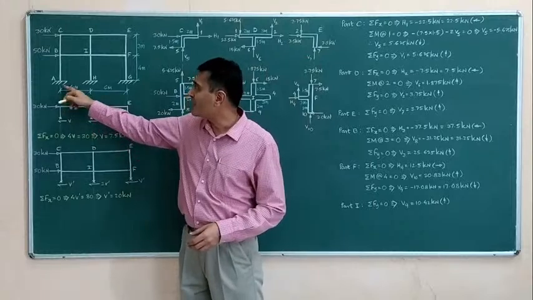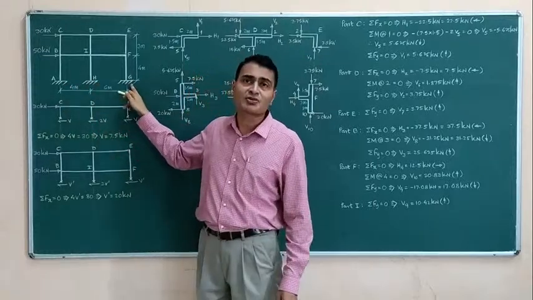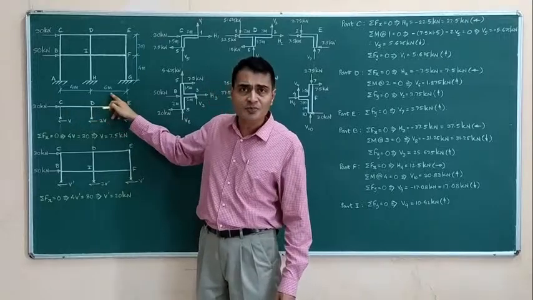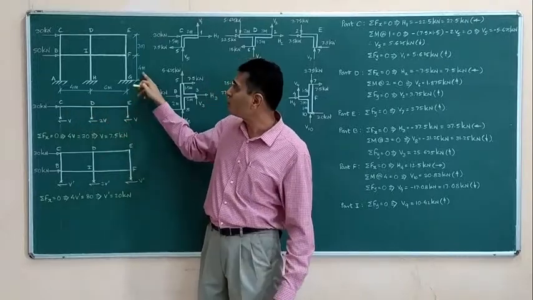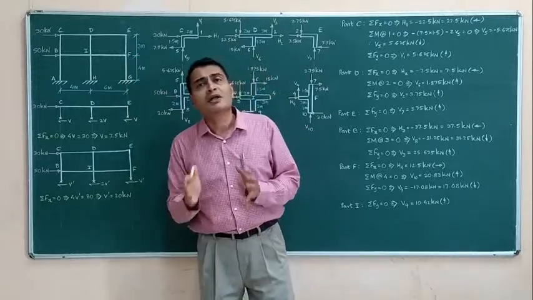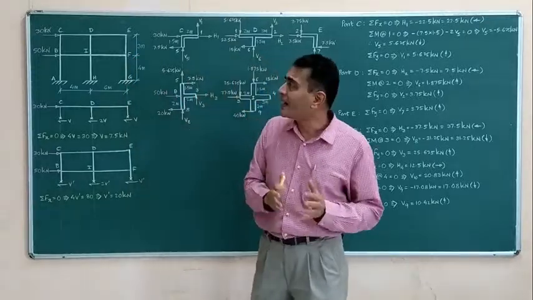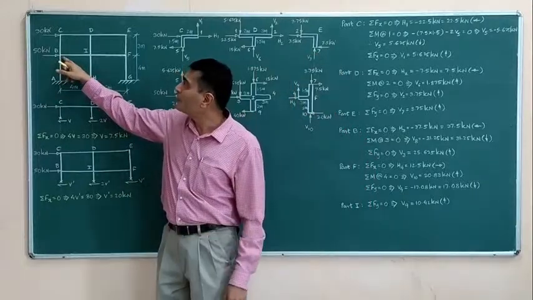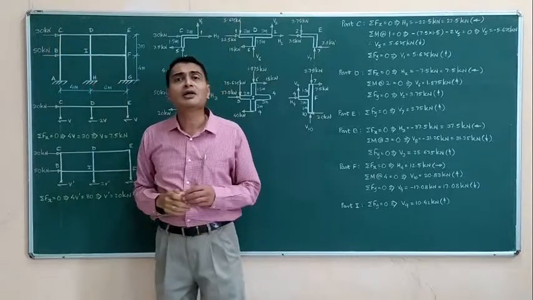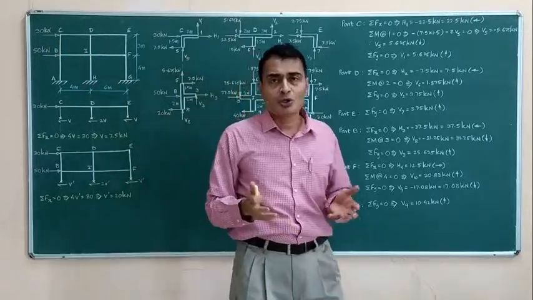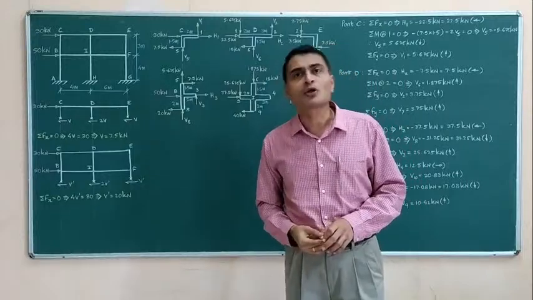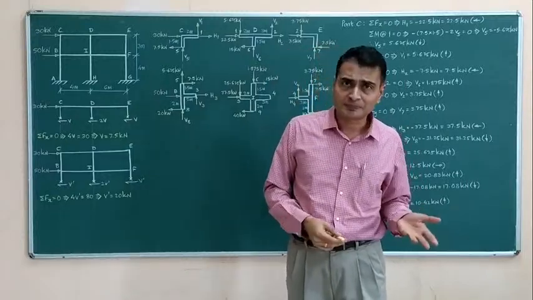We have supports A, H, G as fixed supports. We have spans of 4 meters, 6 meters, column heights of 4 meters, 3 meters, and laterally there are 2 point loads acting on joint B and joint C, respectively 50 kilonewtons and 30 kilonewtons. So this is the numerical example, and we are supposed to analyze this portal using the portal method.